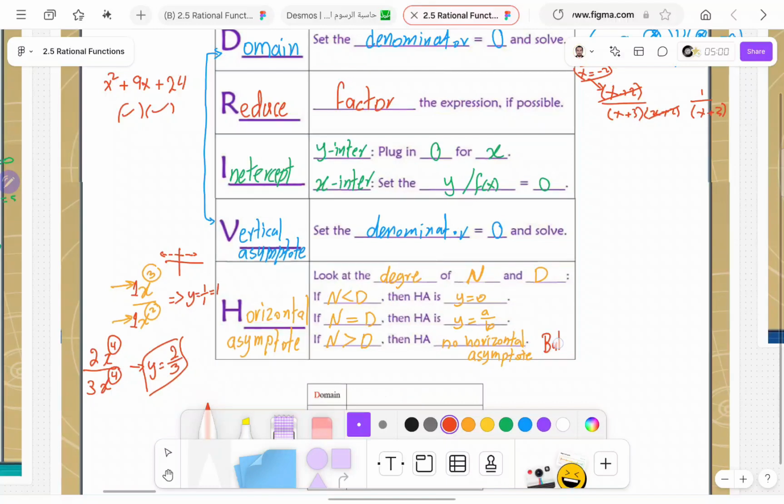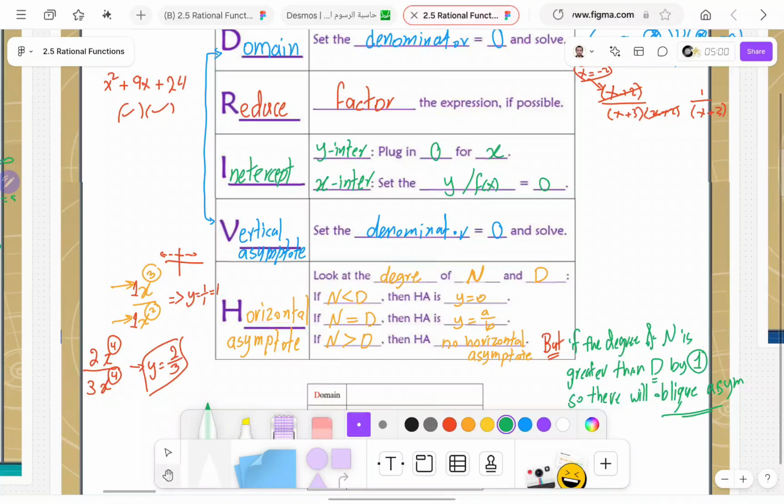Let me write here: if the degree of the numerator is greater than the denominator by 1, then there will be an oblique asymptote. So keep it in your mind.